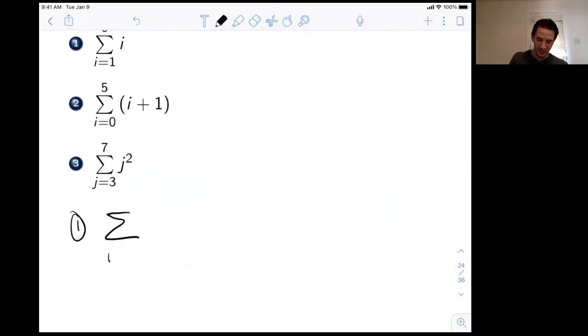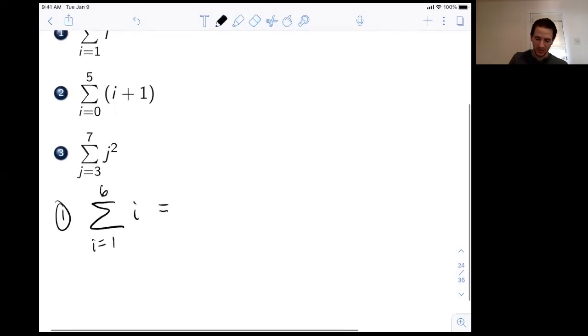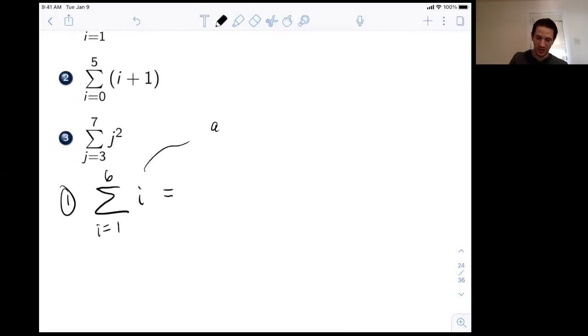The sum, i goes from 1 to 6 of just i. Well, all this says here, each a_i from before is i. So first I let i equal 1, and when i is 1, obviously i is 1. So I write down a 1, and then I write plus.